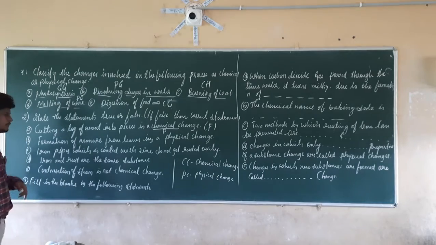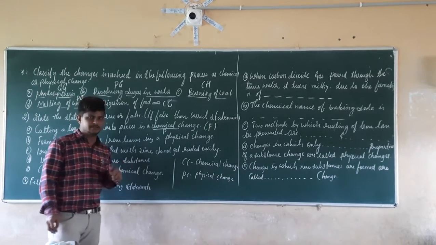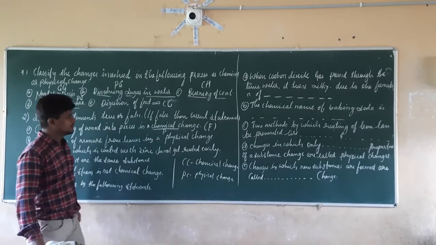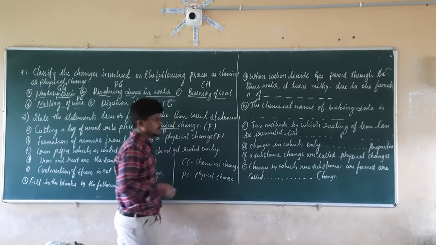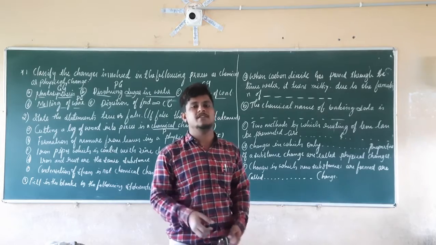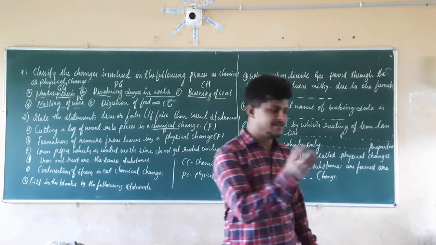Right. Now next, take the second statement here. Statement number B. Formation of manure from leaves is a physical change. This statement is also completely false. From the leaves we are going to get the manure. Manure is the formation of a new product. Leaves are a different thing and manure is a different thing.